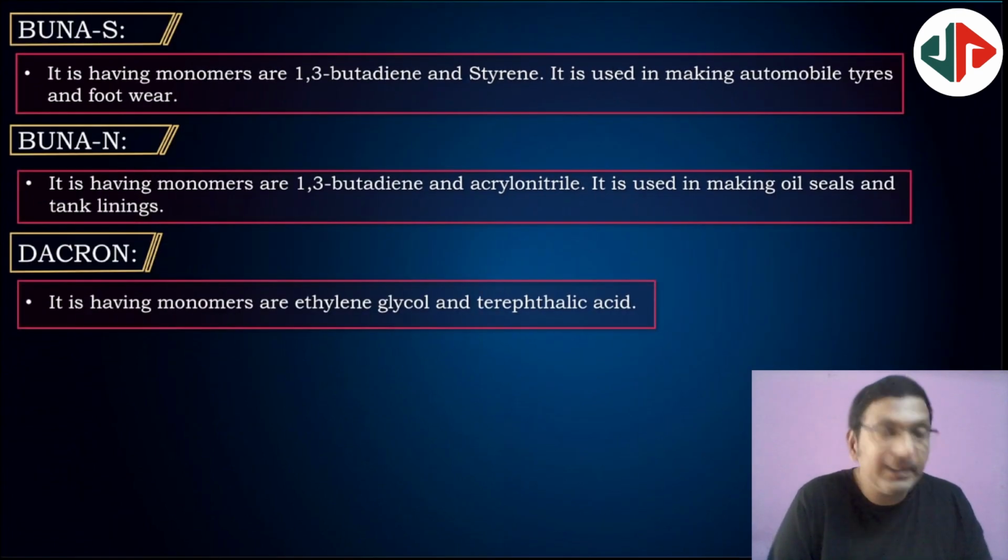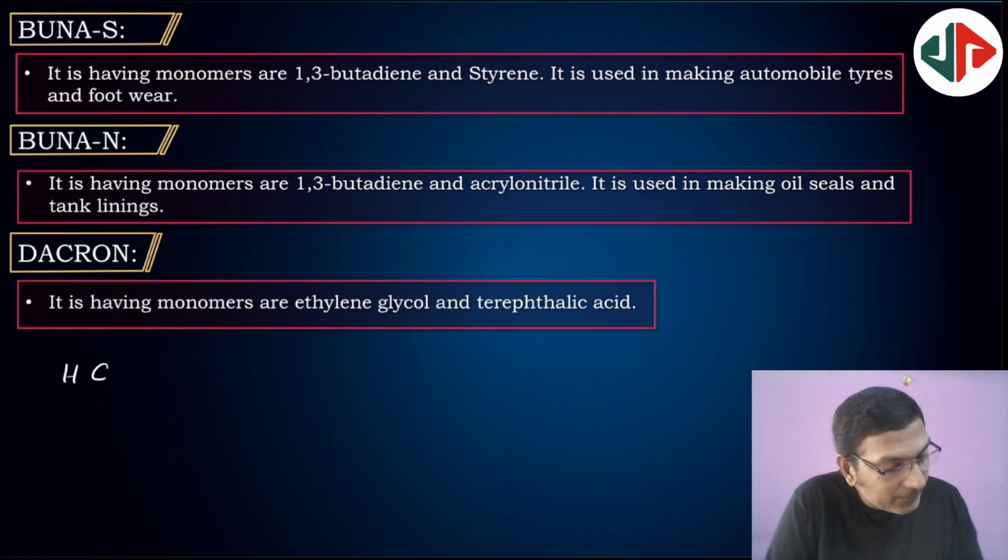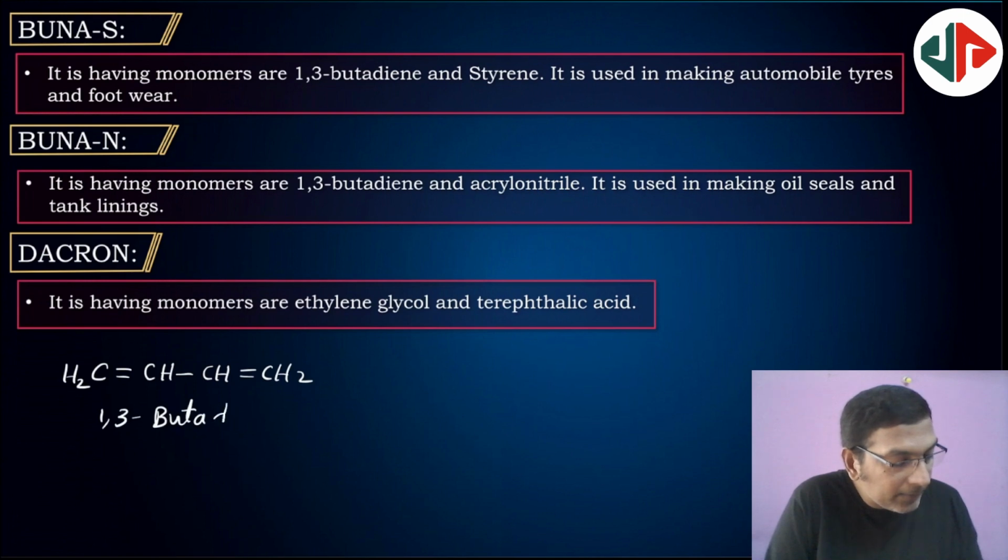So these are different types of rubbers. Buna-S has monomers, that means single units, 1,3-butadiene and styrene. 1,3-butadiene, we know, is CH2=CH-CH=CH2.